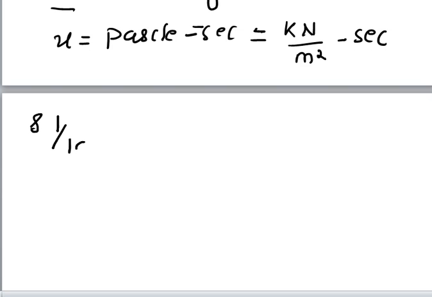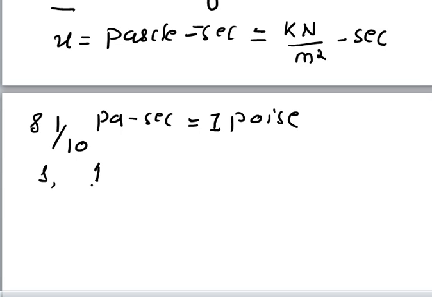And 1 by 10 Pascal second equals 1 poise. Okay, this is in the centimeter-gram-second system. Then what will be 1 centipoise? 1 centipoise will be 10 to the power minus 2 poise.